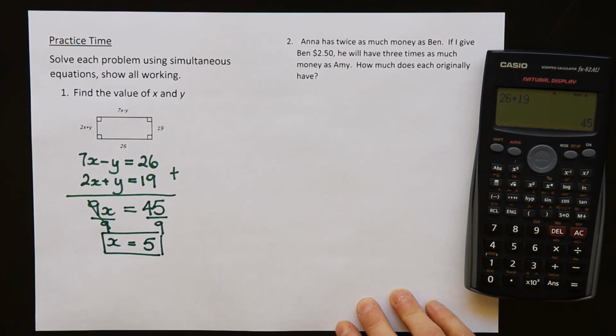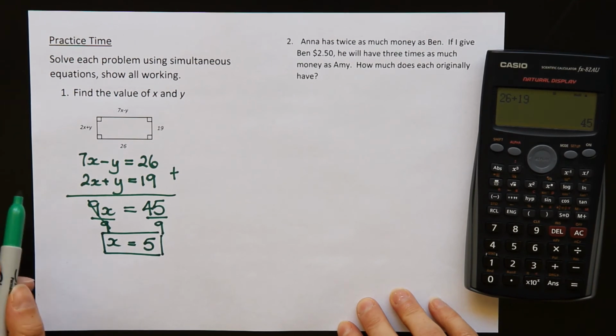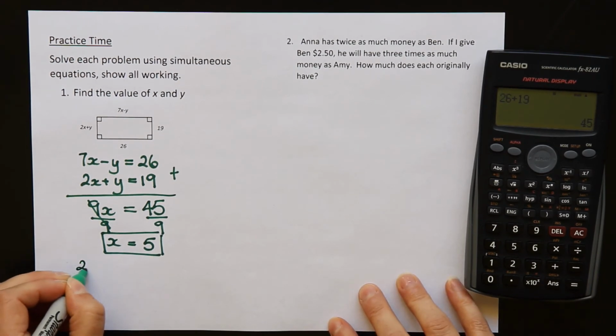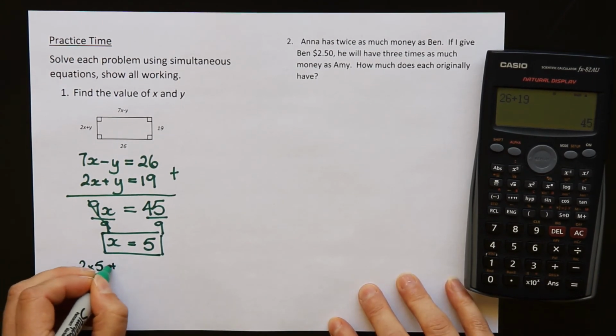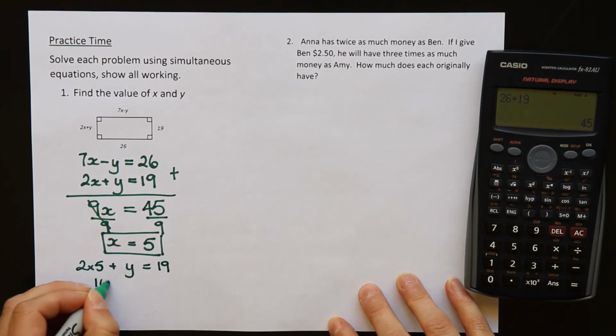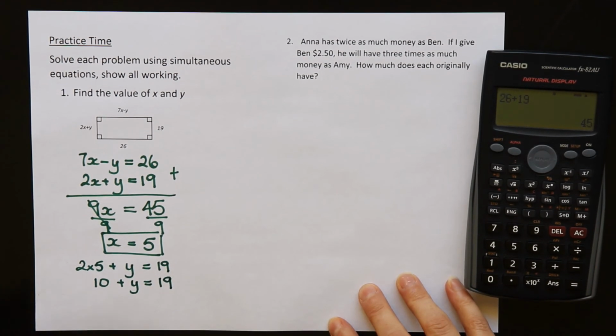Alright, then we still need to find the y value. So let's substitute that into, which one shall we choose? Let's choose the second one. So 2 times 5 plus y is equal to 19. 2 times 5 is 10, plus y is equal to 19.